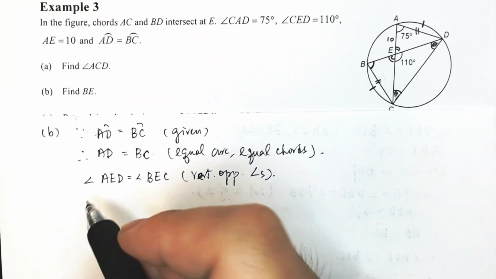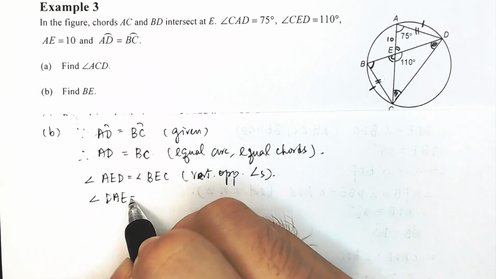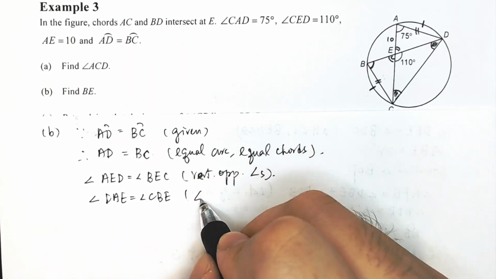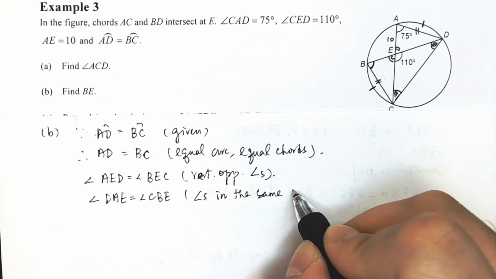And next we have angle DAE is equal to angle CBE, angles in the same segment.